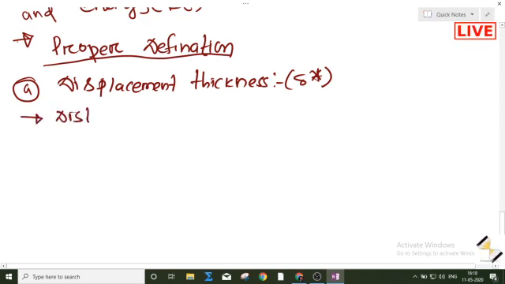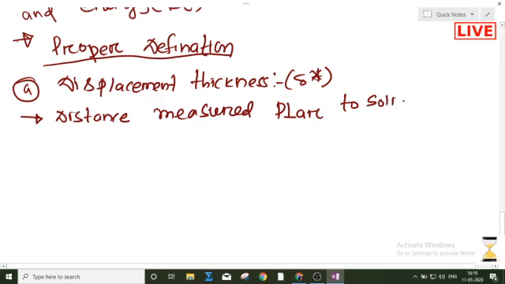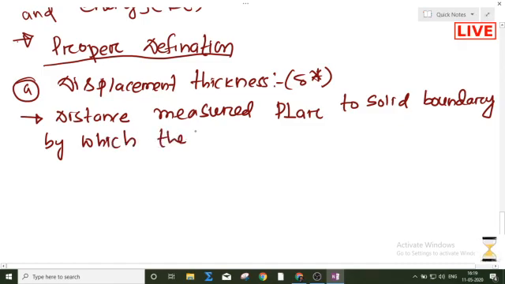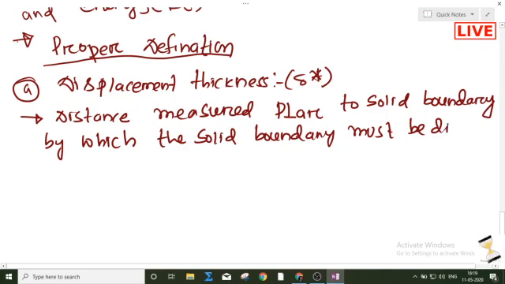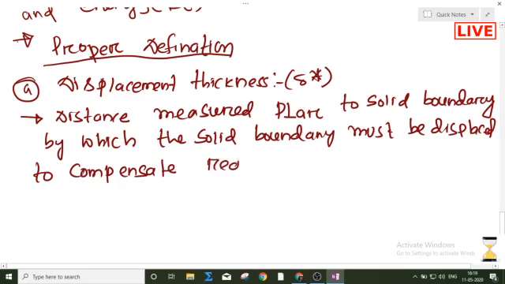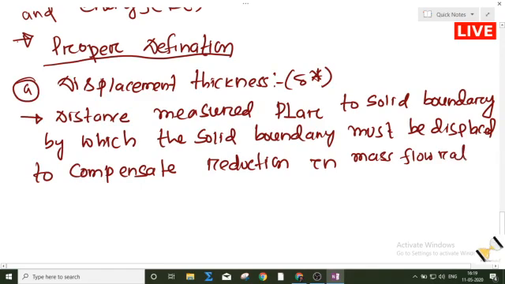The distance measured perpendicular to the solid boundary, by which the solid boundary must be displaced to compensate the reduction in mass flow rate, is called displacement thickness.